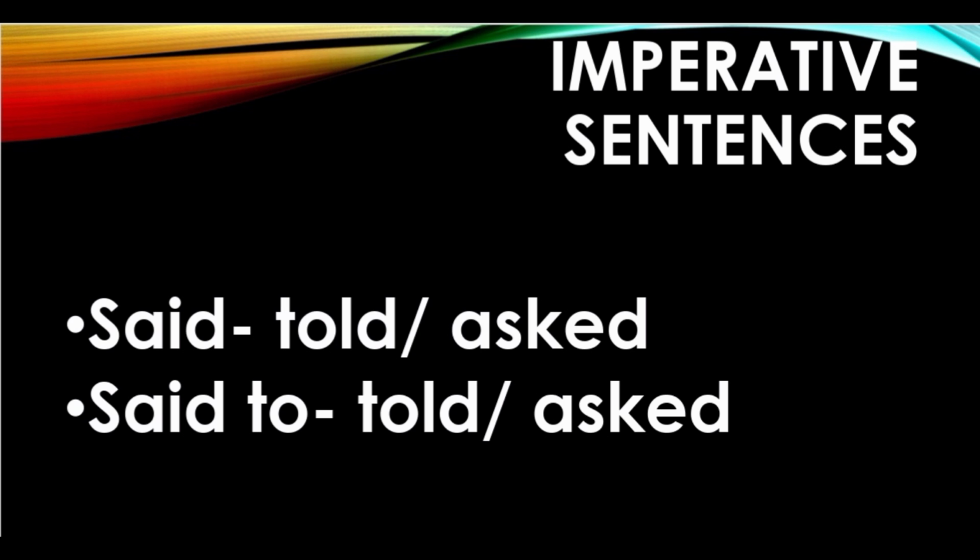Let's see the changes in the reporting verbs while converting direct into indirect speech while the sentence is in imperative. Said will become told or asked. Said to will become told or asked.